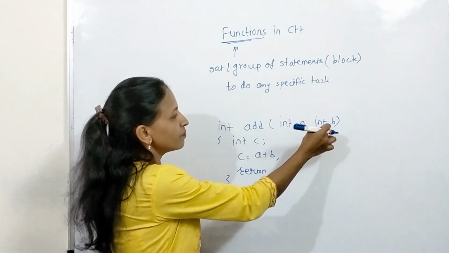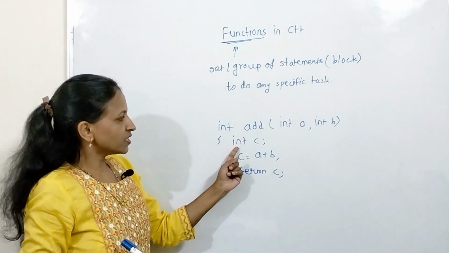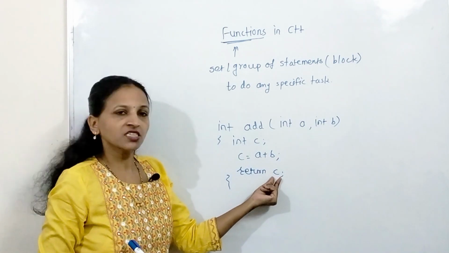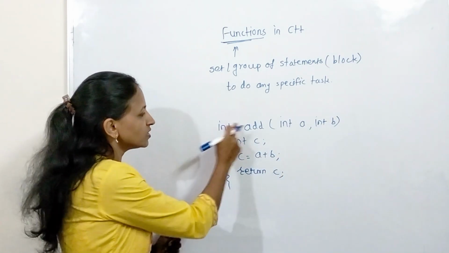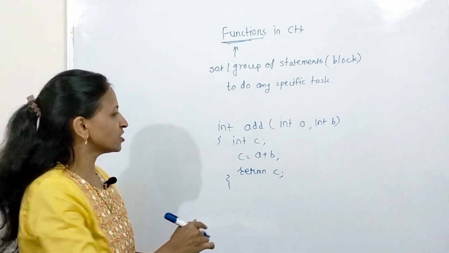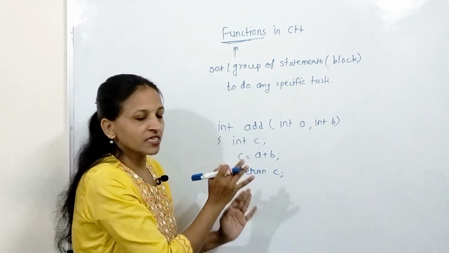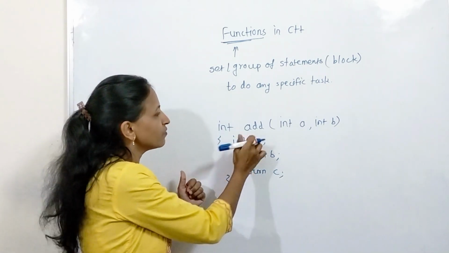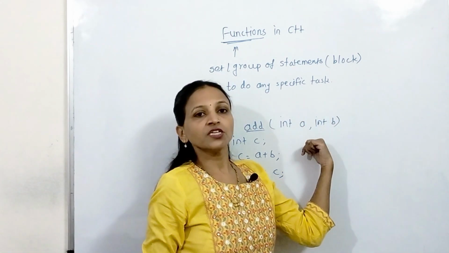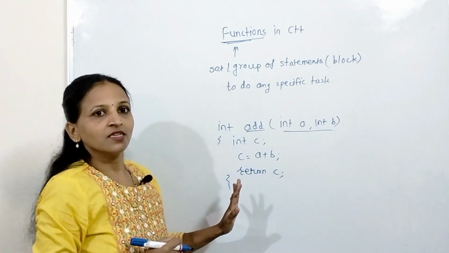Now here I have passed two integers. After calculation, here in c we are doing addition of a and b, and we are returning that c outside. This is the overall process of addition, and for doing addition I have written this code. I have grouped multiple statements in this block and I have given the name add to that block, and we can pass anything as an input to that function in the form of arguments.